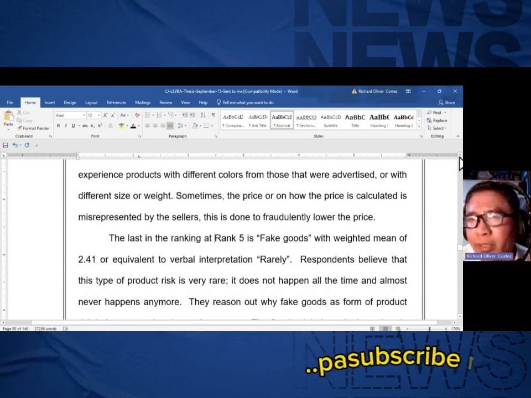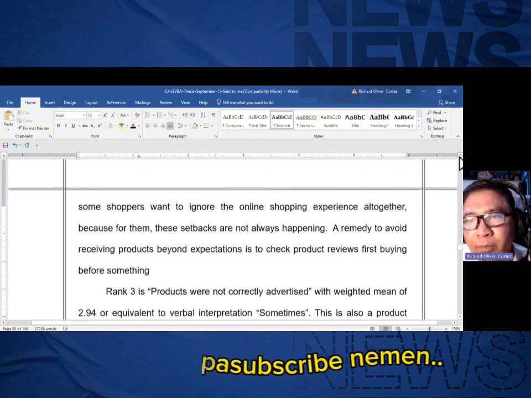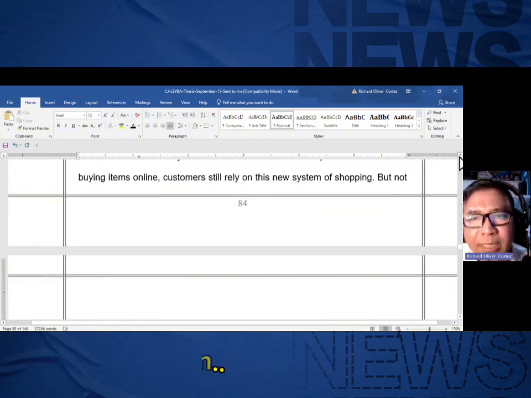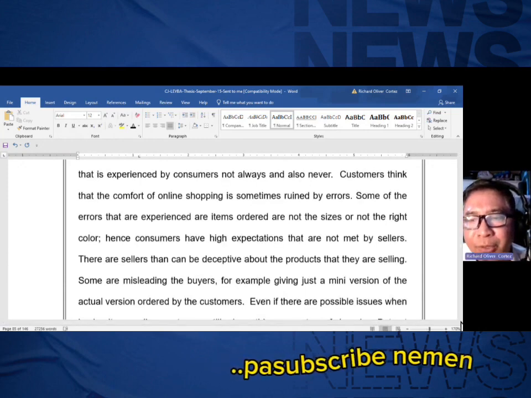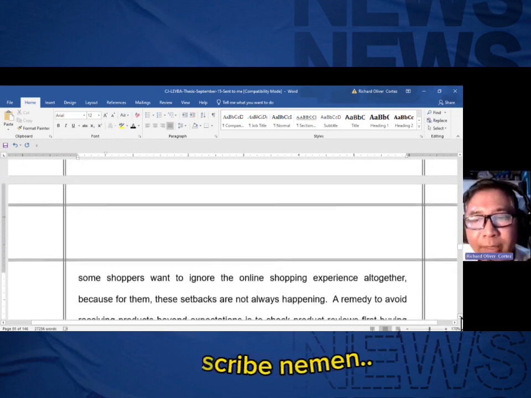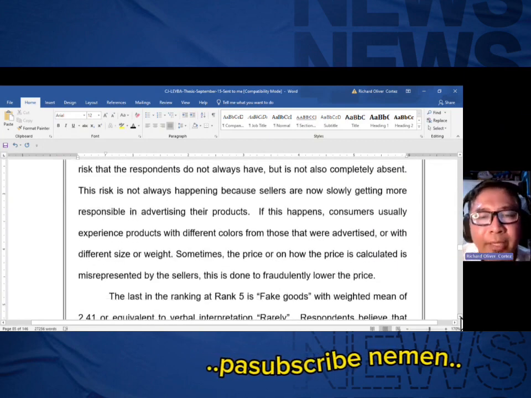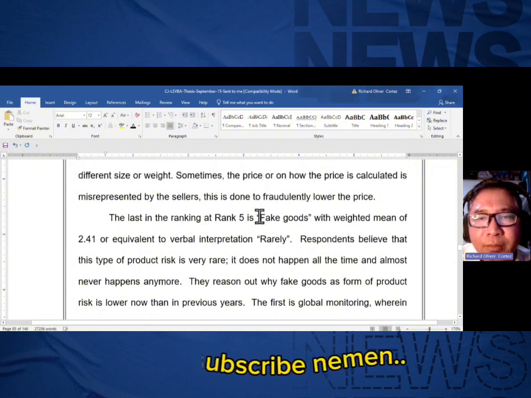Sometimes, if I am the reader of the paper of this manuscript, I will also be concerned about sino pinaka-last. Diba? So you should know and discuss yung reason bakit kaya last in a ranking or rank number 5 yung fake goods.